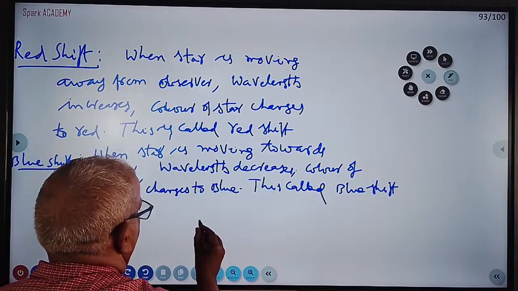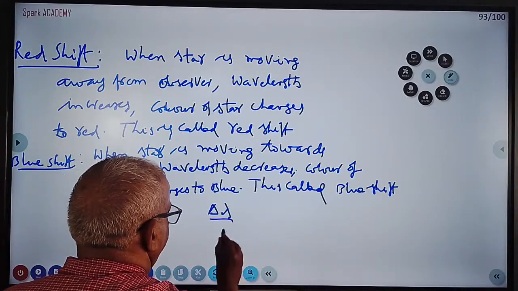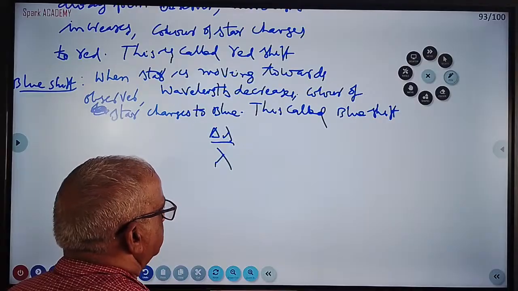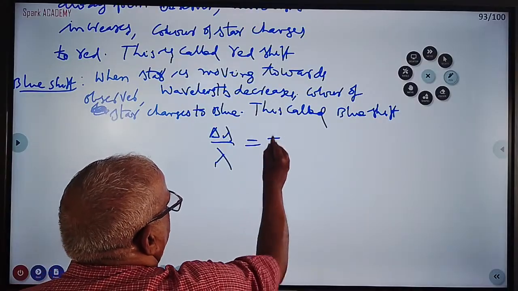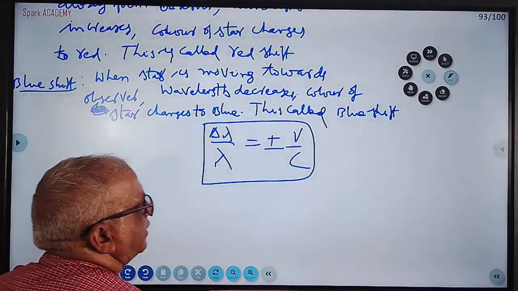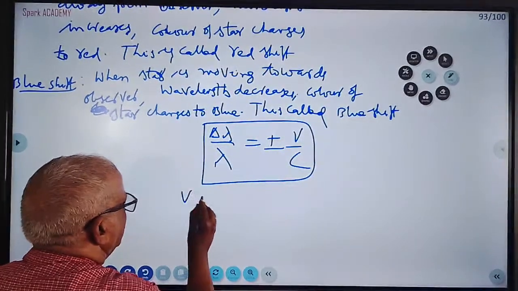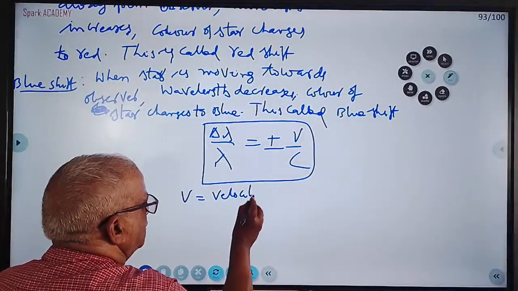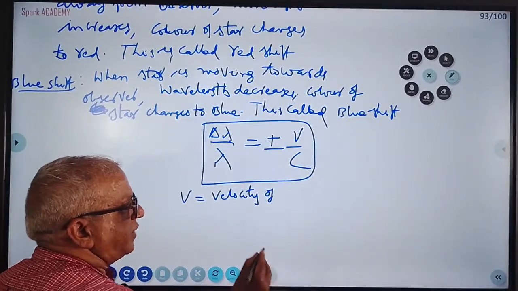I am writing the formula also here: delta lambda by lambda is equal to plus or minus V by C. What is V? Velocity of the star, 1 kilometer per second or 0.5 kilometers per second.